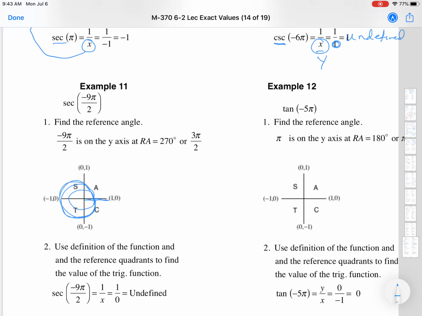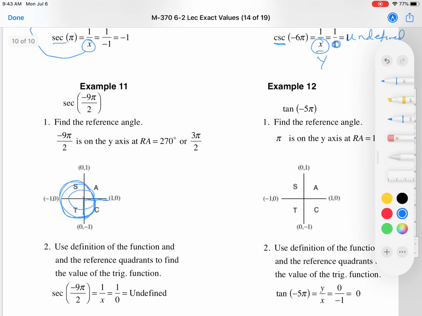And then again, 1 more pi over 2. So he's right. We do end up right here on the 270 degree, or 3 pi over 2. So these are our numbers. Secant's related to cosine, so it's 1 over x. That's correct. My x is 0, so this is undefined. Correct.